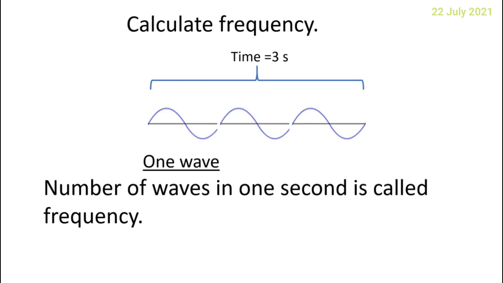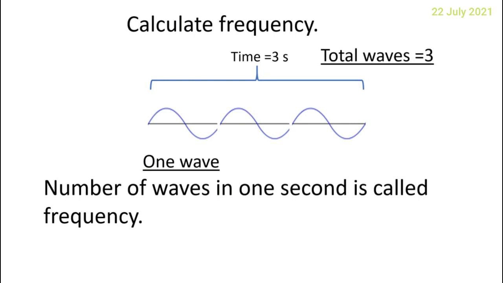And recall, what is the definition of frequency? Number of waves in 1 second. And what you see on the screen are number of waves in 3 seconds. So you can count how many waves are there. What is represented on the screen is one wave, and then 2 more waves are there in front of that one wave, and totally 3 waves are there.